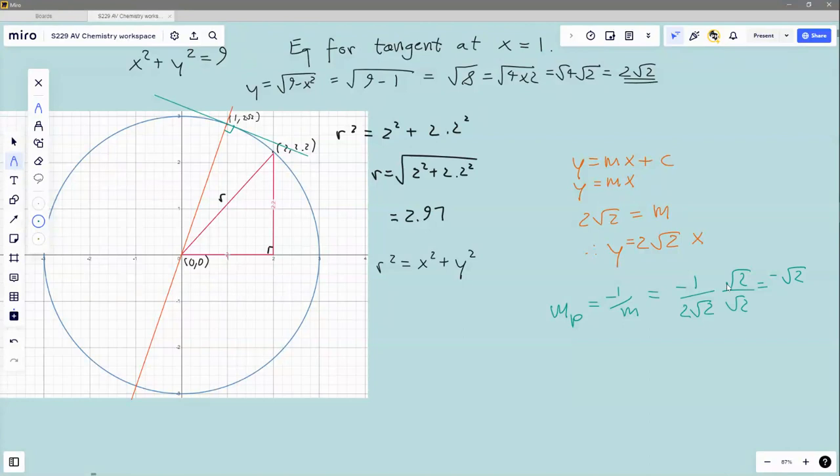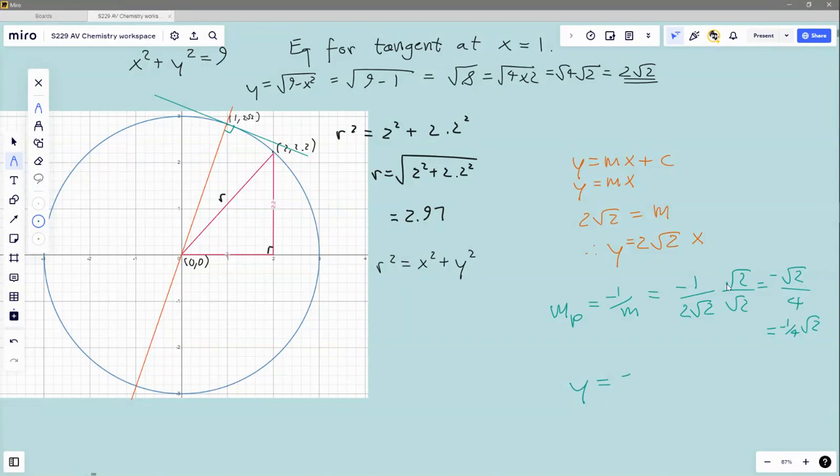The bottom value, we've got root 2 times root 2, which is 2, multiplied by the original 2 gives me 4. So the gradient of the perpendicular line, the green line, would be negative root 2 over 4. We could also write that as negative 1/4 root 2 if we like. Either one is fine.